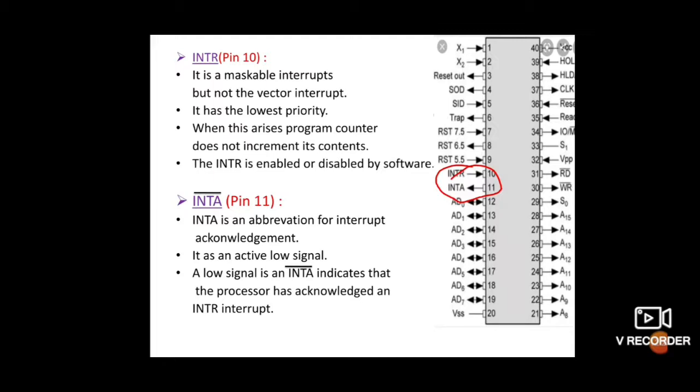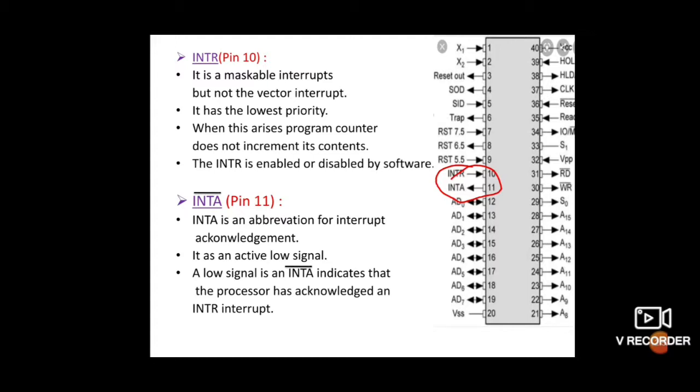Active low means it arises at a low signal or 0. When the INTR interrupt arises, the microprocessor sends an INTA bar signal to find out where the interrupting device is.